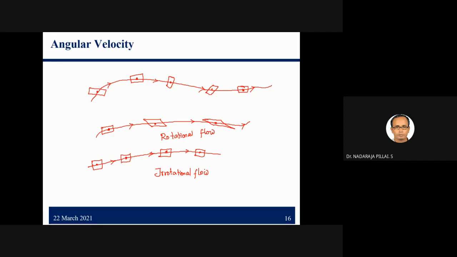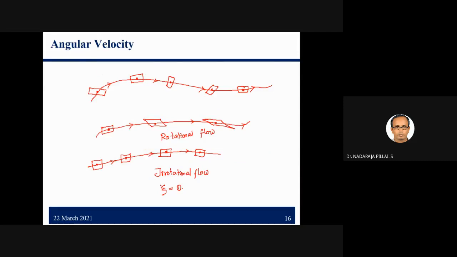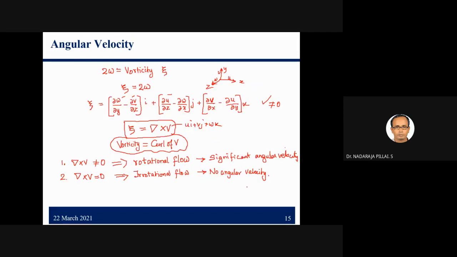So we can say if the flow is irrotational, then zeta is equal to 0. If zeta is equal to 0, then dou v by dou x minus dou u by dou y is equal to 0. I mean, you can equate any one of these.